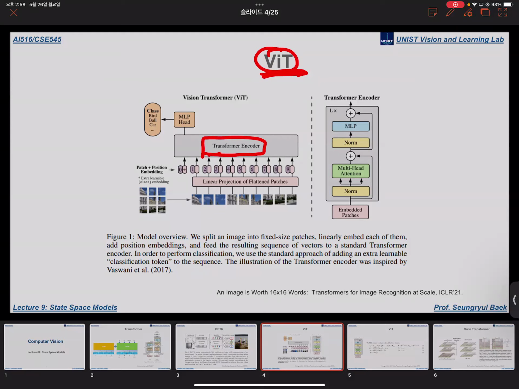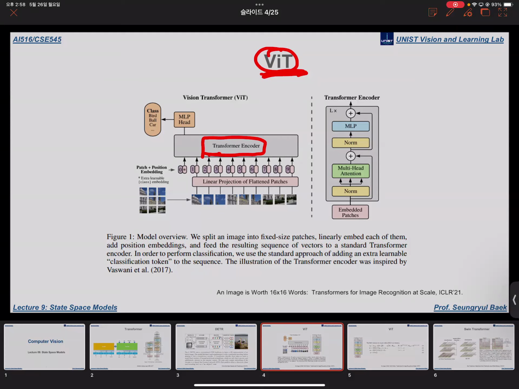It densely attends to other patches globally, so it can be robust. Okay, that's the good characteristic of the transformer. But if we use this kind of window, then we will lose such good characteristics.